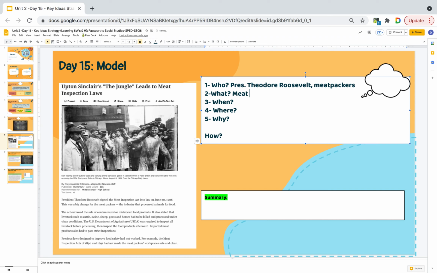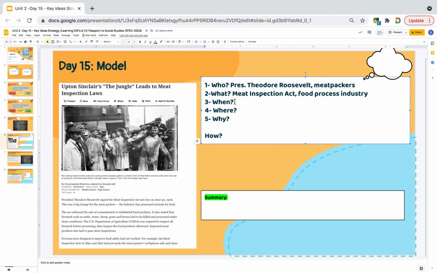So Meat Inspection Act and food process industry. When? I see a date here, June 30th, 1906. So June 30th, 1906. And where? I saw on the picture it says Chicago, so I'm going to write down Chicago, United States. Why we don't know and how we don't know yet, so we're going to keep reading.